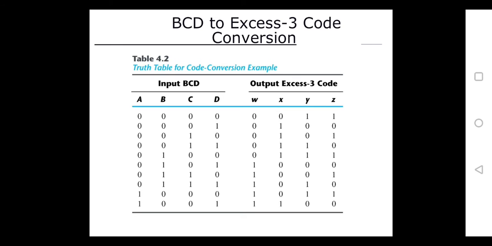So 10 to 15 are don't cares, and the remaining SOPs are represented according to the ones present in the corresponding columns. Similarly, the SOP expression for X equals sigma m of 1, 2, 3, 4, 9 plus don't cares of 10 to 15. And similarly, we need to write down the expressions for Y and Z.